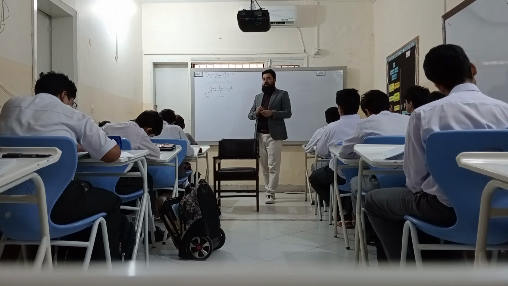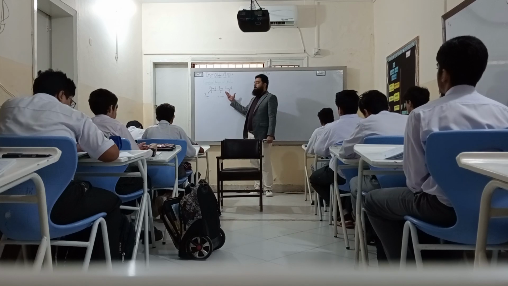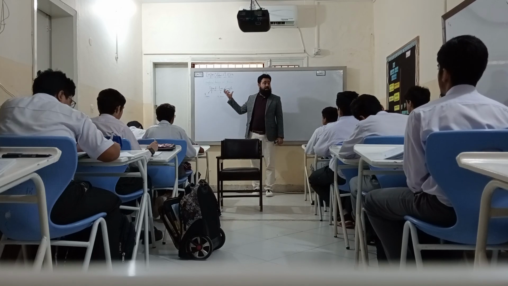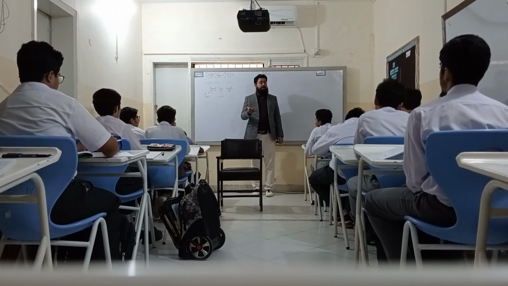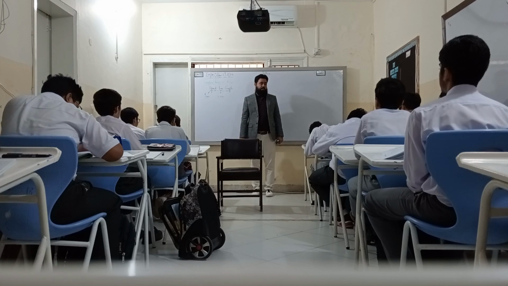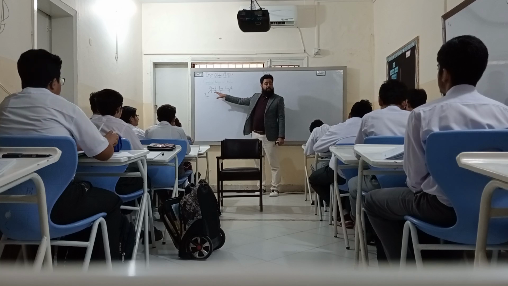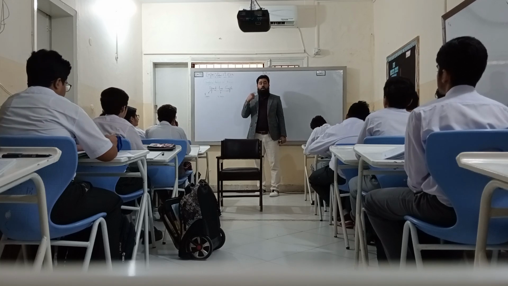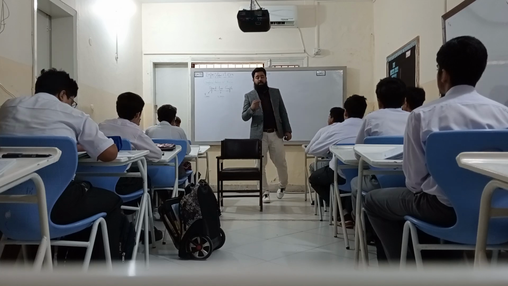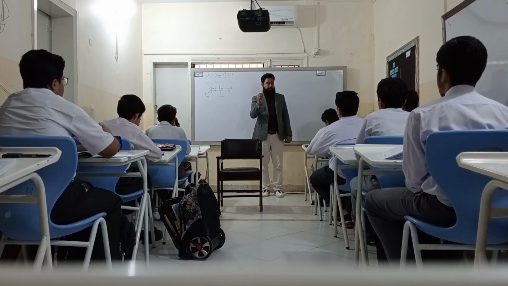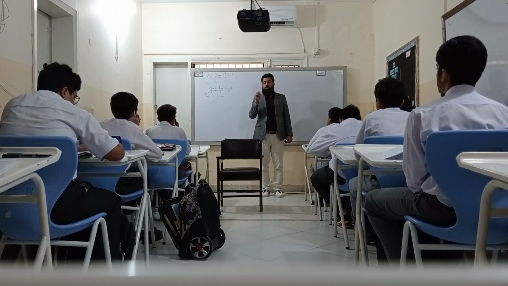One thing which is very, very important: the gradient of the speed time graph, what does it represent? This should be very clear in your mind. If you recall the distance time graph, the gradient of the distance time graph was giving you speed.